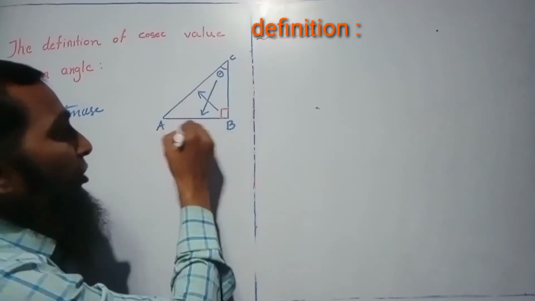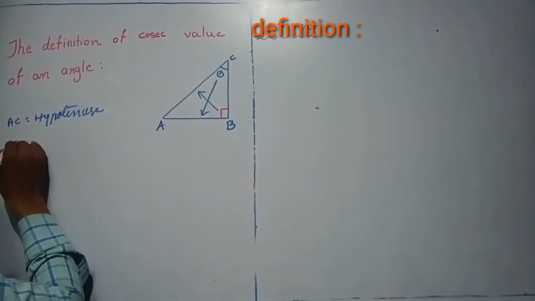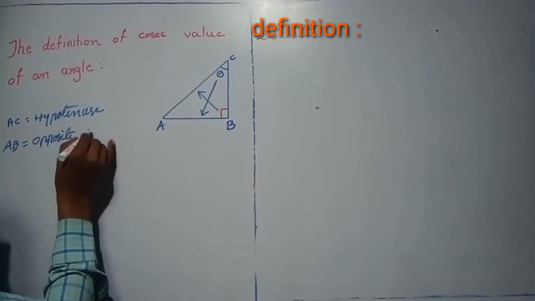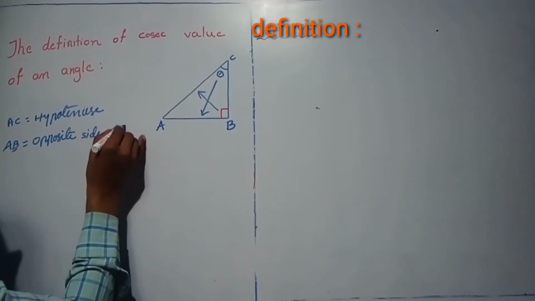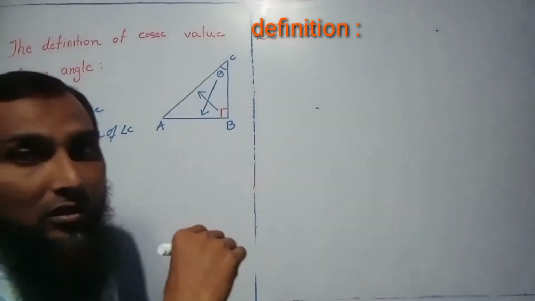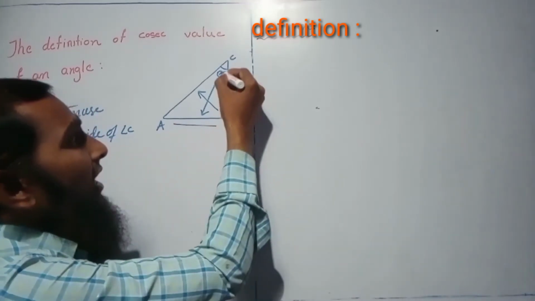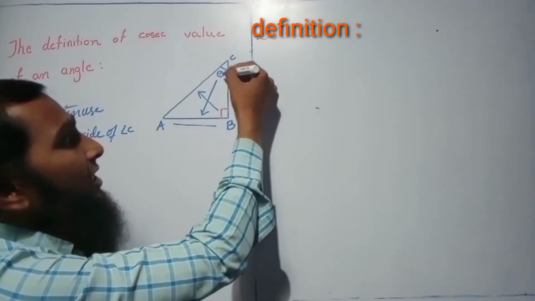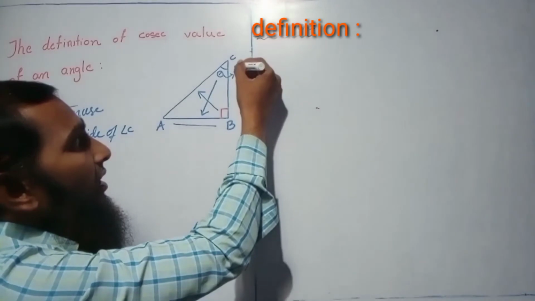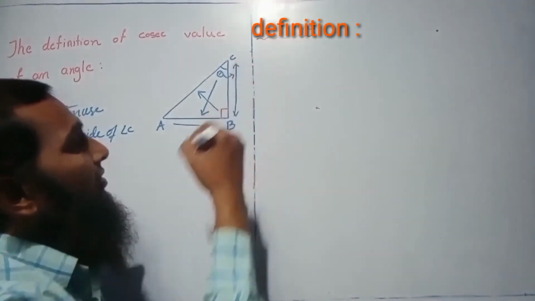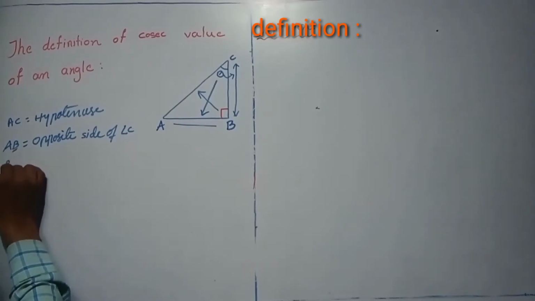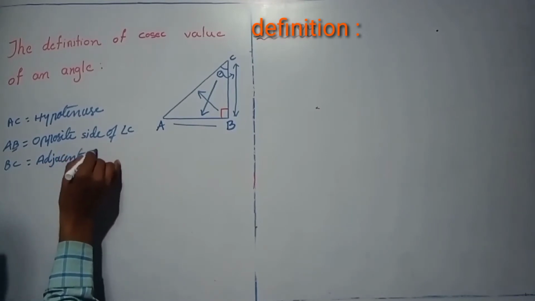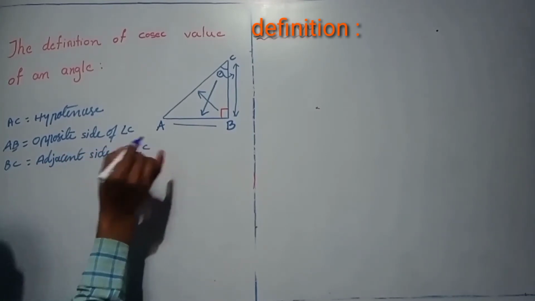AB is the opposite side of angle C. And the position of BC with respect to theta is called the adjacent side. So BC is called the adjacent side of angle C.